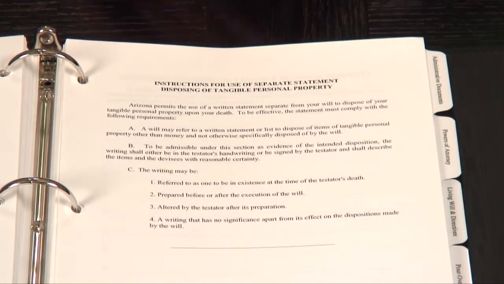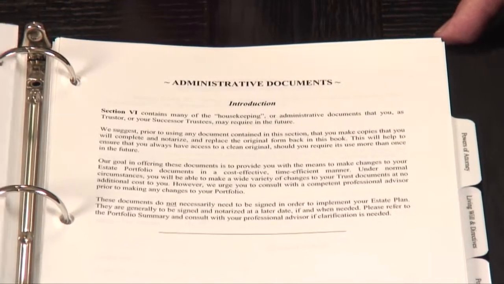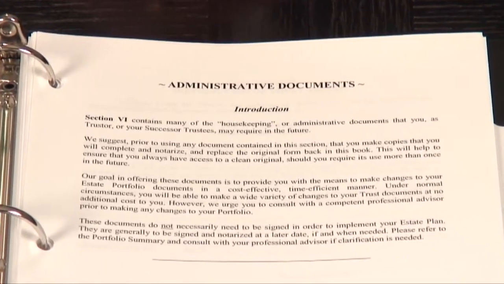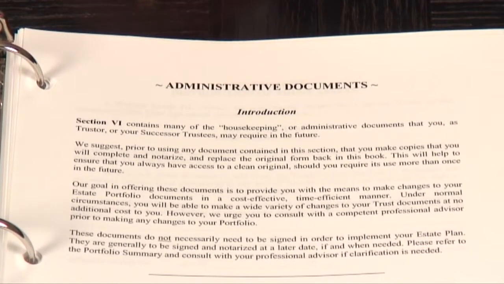The sixth section of the portfolio are administrative documents. The administrative documents are the housekeeping documents, the documents that may be needed down the road to make changes to your trust, to make official the assumption of a trustee and their powers, giving the trustee the document they need to sign to say, yes, I am that person and I have the death certificate or a relinquishment form or a doctor's certification of incapacity.